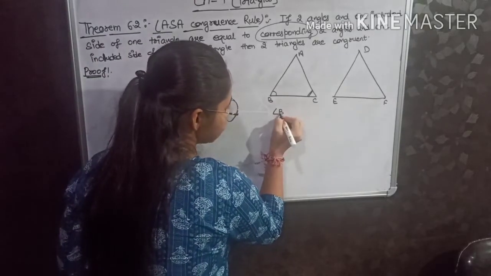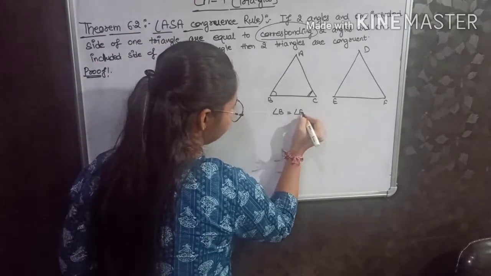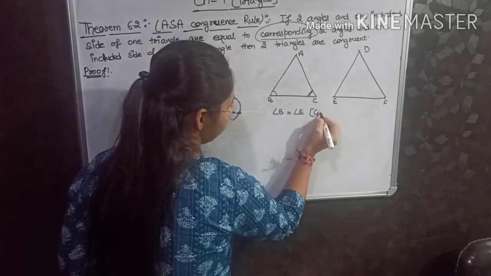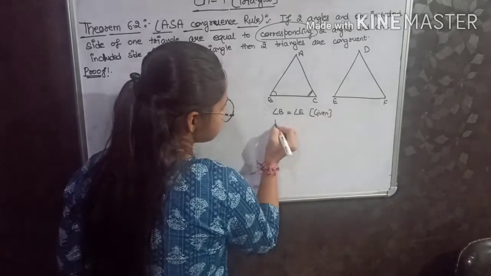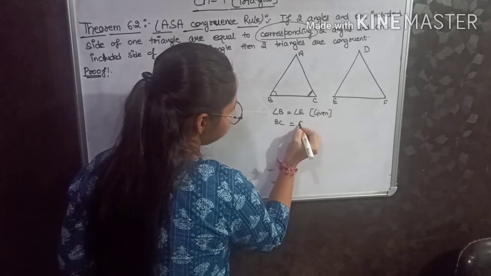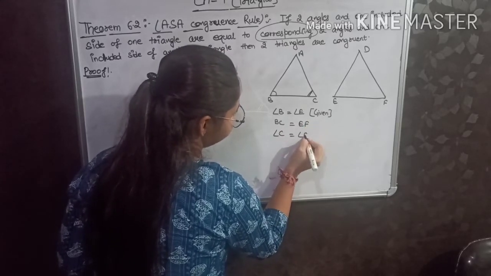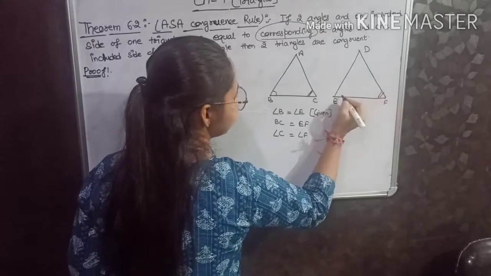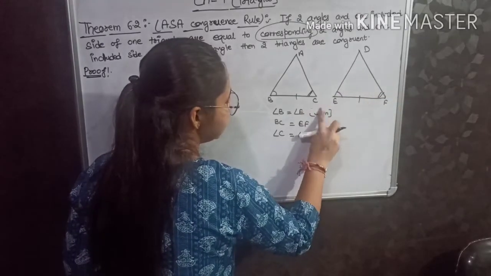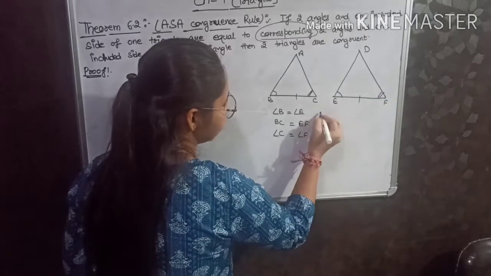So, angle B is equal to angle E. It is given. BC is equal to EF and angle C is equal to angle F.